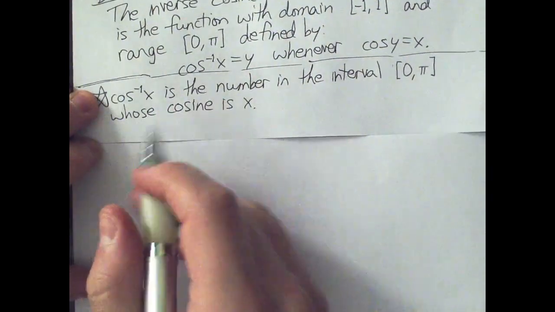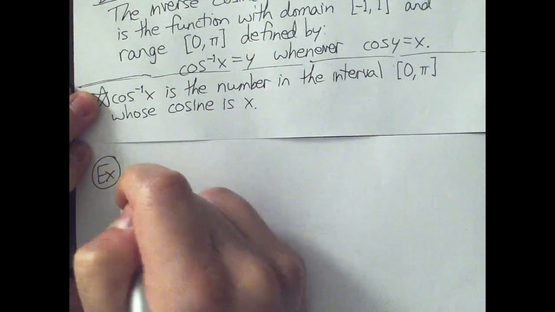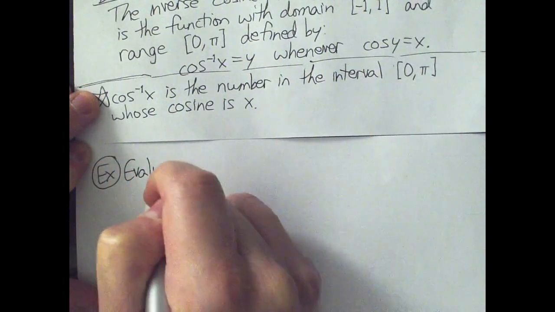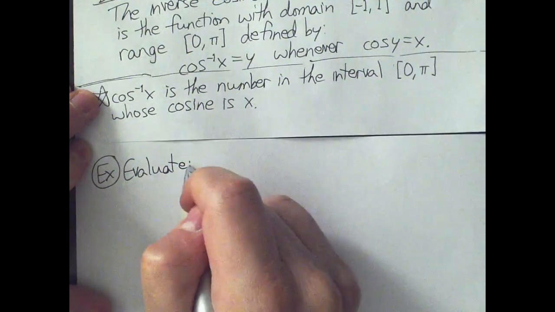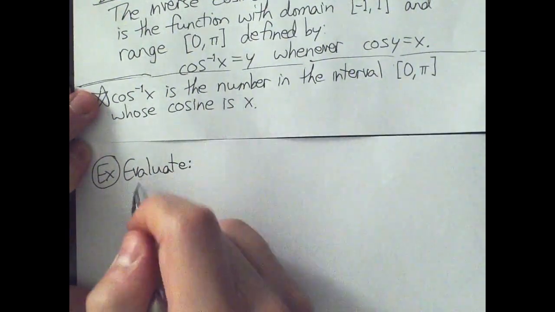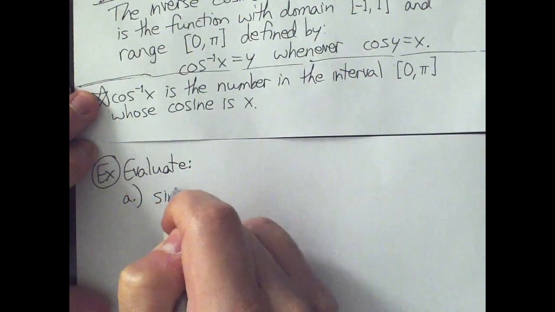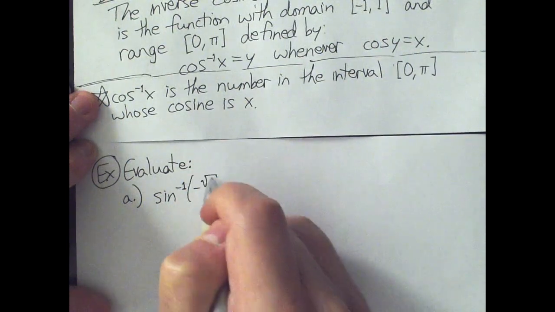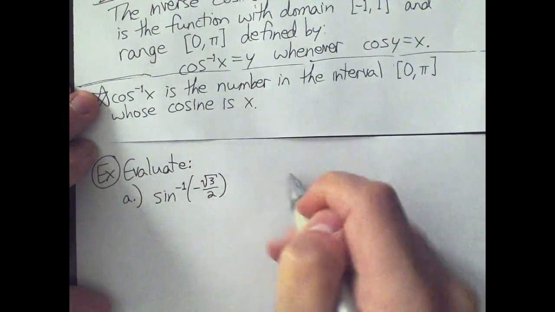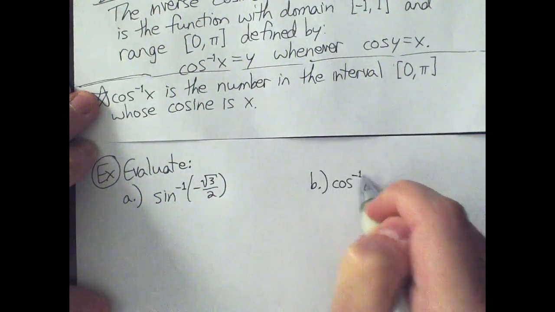So I'm going to ask you to try this one. I'm going to give you just 2 parts. I'm going to say evaluate, kind of like I did before on the inverse sine problems. In fact, part A is going to be an inverse sine problem, and part B is going to be an inverse cosine problem.